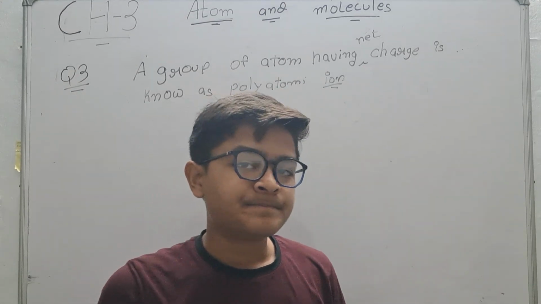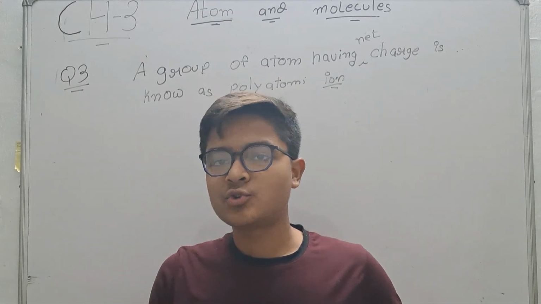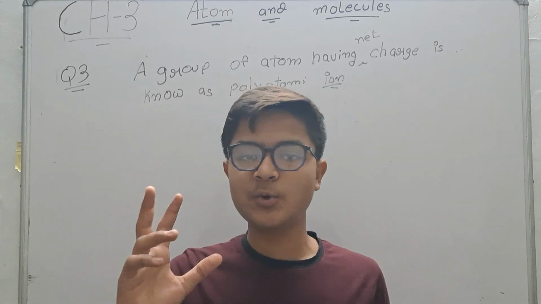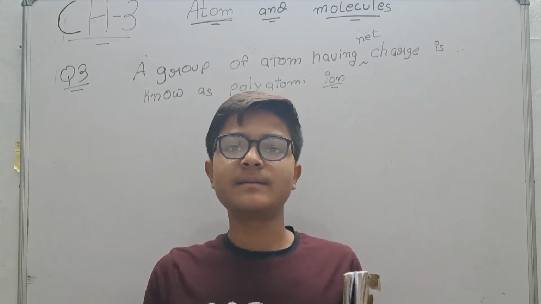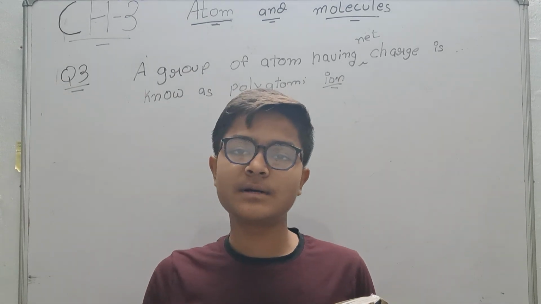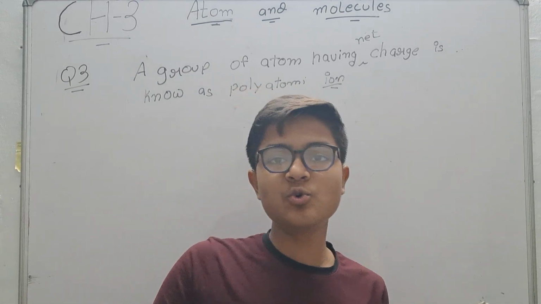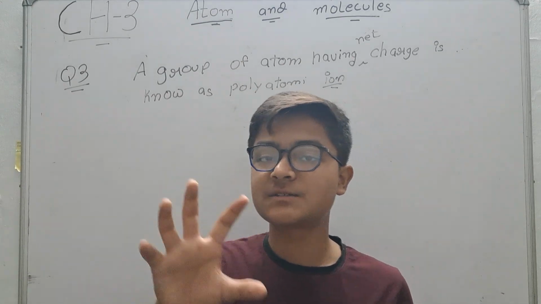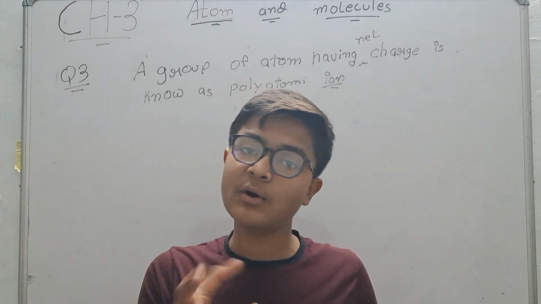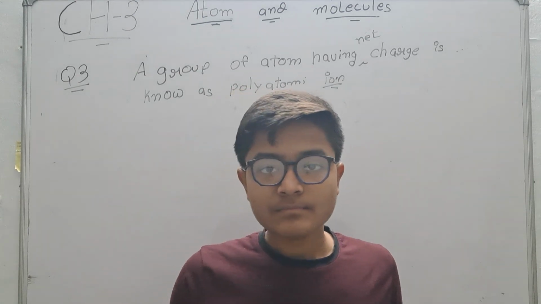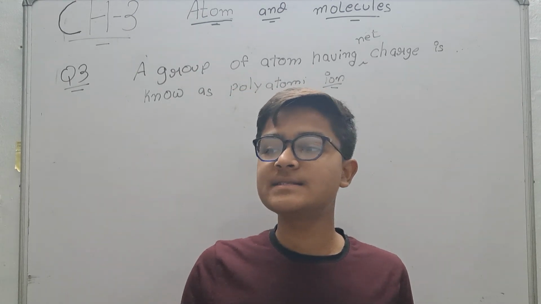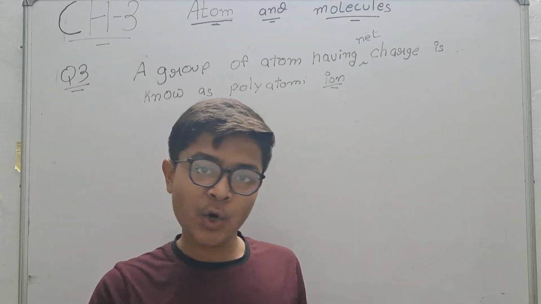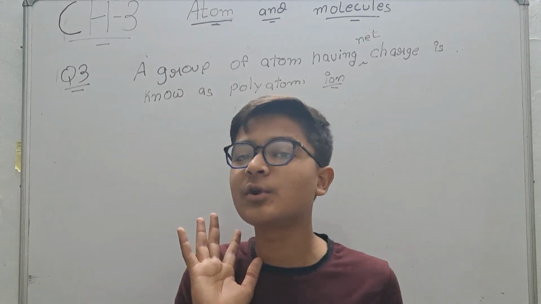If any compound has a net charge, when two elements mix together, electrons are lost or gained. So if any compound has a net charge, plus or minus, it will be a cation or anion. Any group of atoms having a net charge, not neutral, is known as a polyatomic ion.